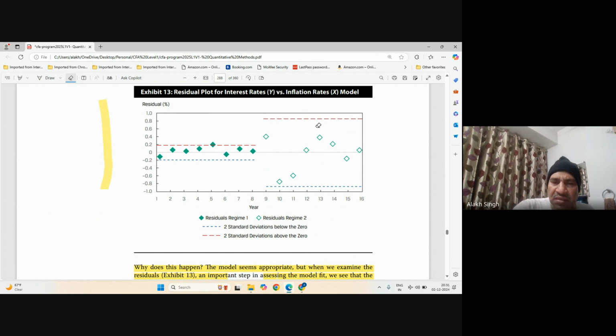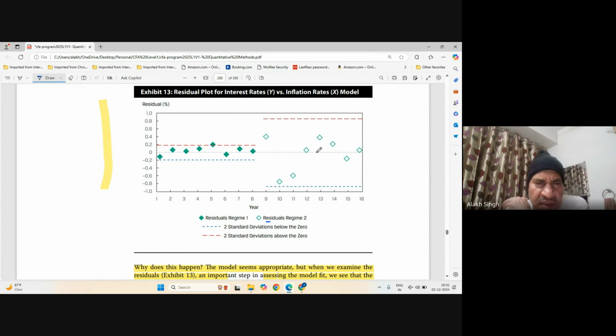The variance has increased during this period. You saw here the residuals of regime 2; their band is varying much more, while in period 1 the error terms vary much less when compared to period 2.